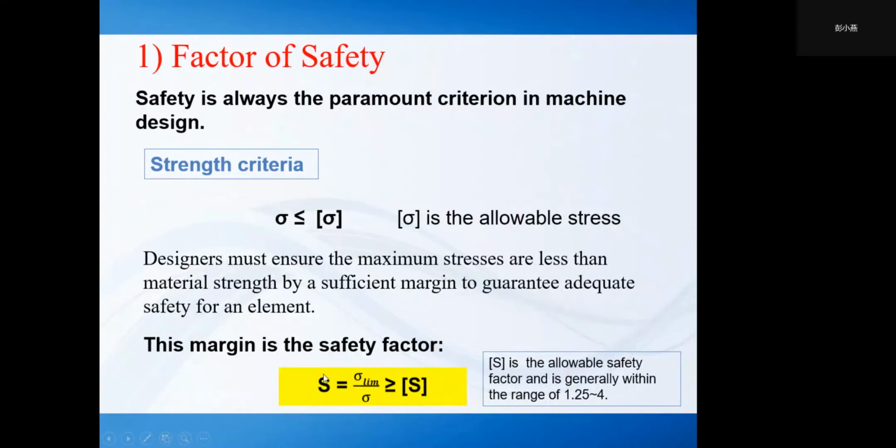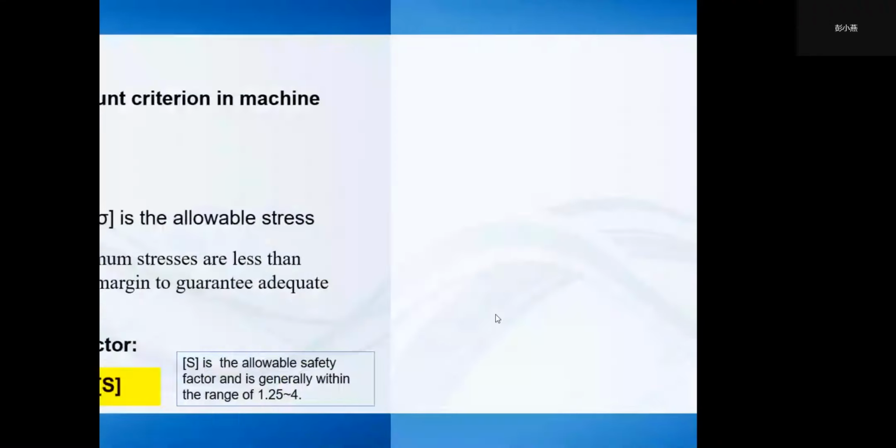And the safety factor is expressed as this. We use the limit stress over the actual stress. And safety factors are employed to consider uncertainties and variabilities in loads, strengths, manufacturing qualities, and operation conditions.